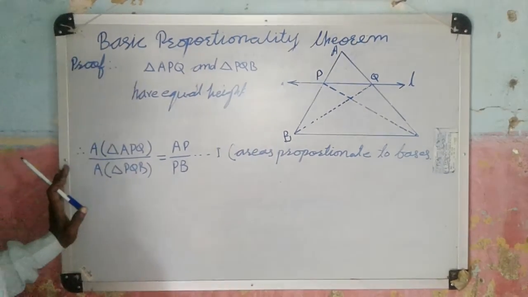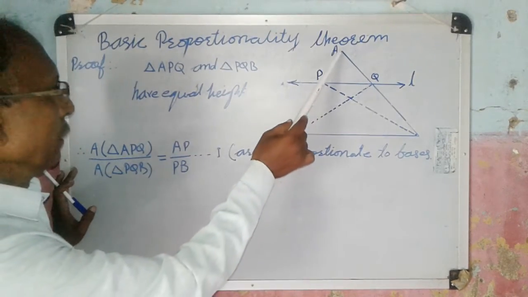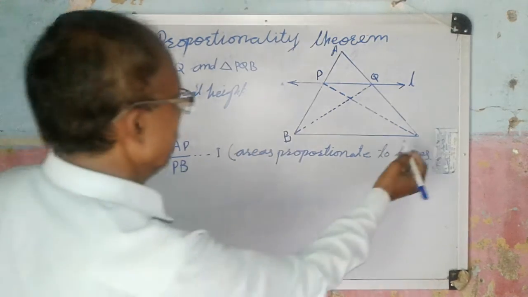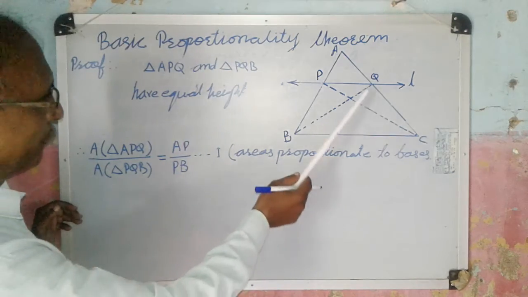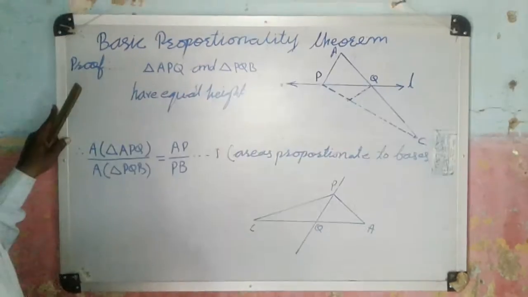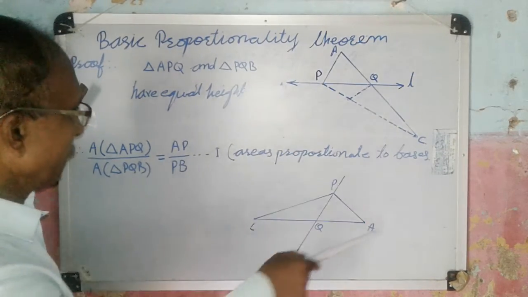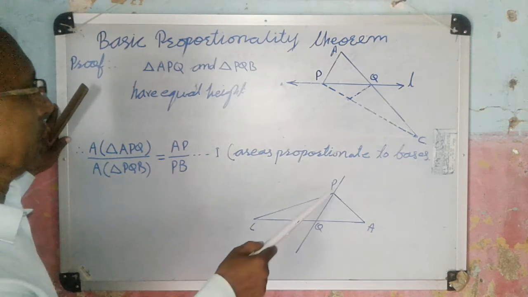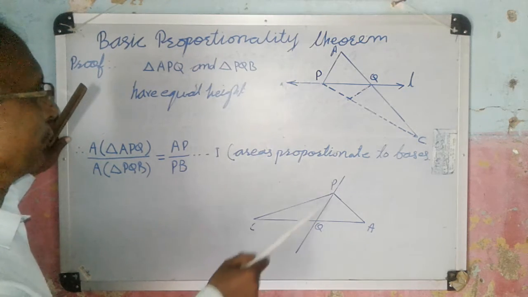Now consider only this part of the figure, triangle AQP and triangle PQC. If you turn this part, then the figure will be like this. Okay, now see, consider these two triangles, triangle APQ and CPQ.